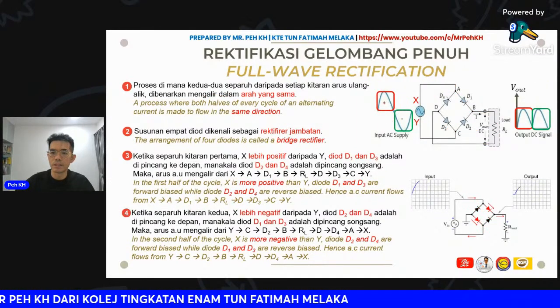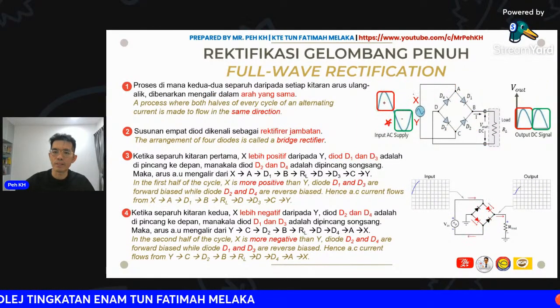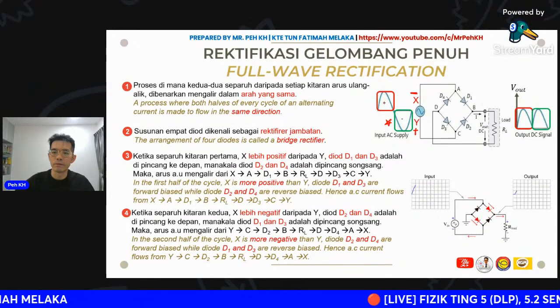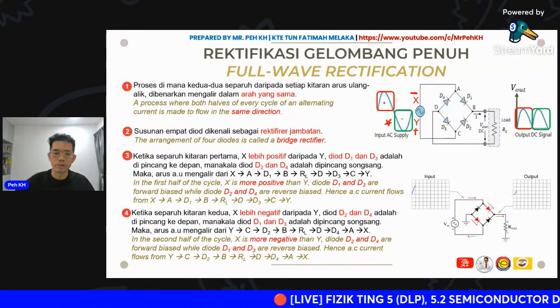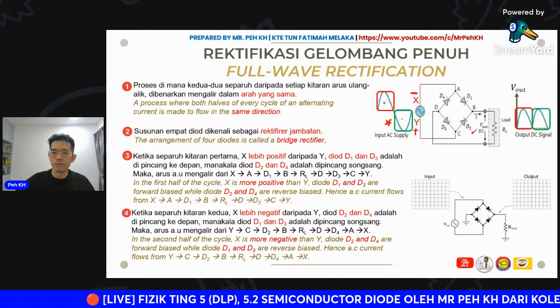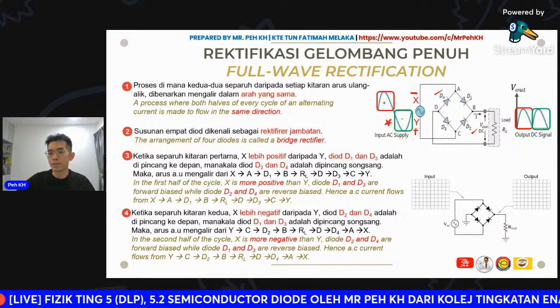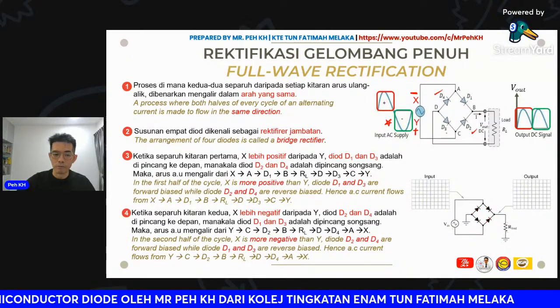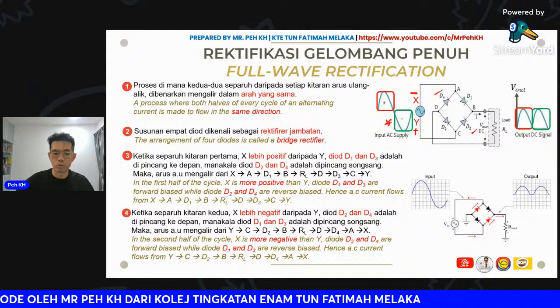Now X is more negative and Y is more positive. Look at the green color box. Diodes D2 and D4 will be forward biased because the current flows through, and D1 and D3 will be reverse biased because the current is not able to flow through.